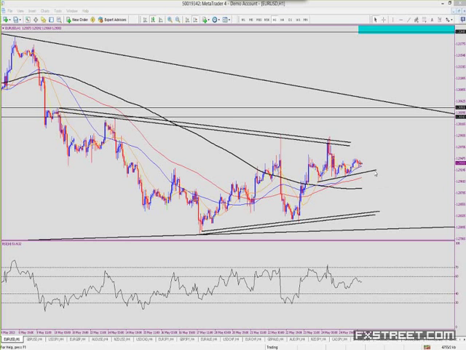If it's a good number right now, it's expected. The forecast is 2.5%. So if it's more than that, we could have a bit of further U.S. dollar strength. But to me, that's probably not the most important at the moment.